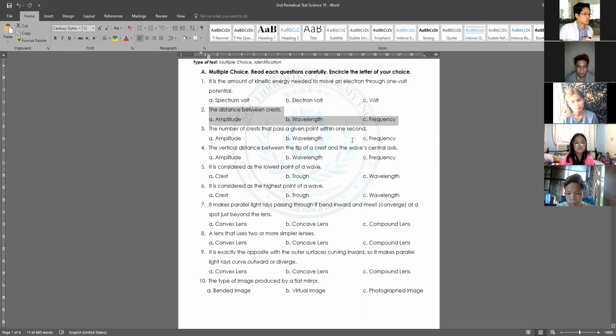Number three, let's have Veloso. The number of crests that pass a given point within 1 second. Frequency. Correct. If it is per second, meaning it is in hertz, that's frequency. Okay. Number four, let's have Geldizo.